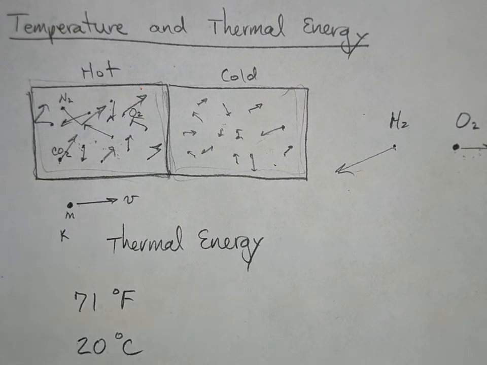And now the Celsius scale is based on water, and that's why scientists like it. If you have 0 degrees Celsius, that's the temperature at which ice will melt, or that water will start to freeze.